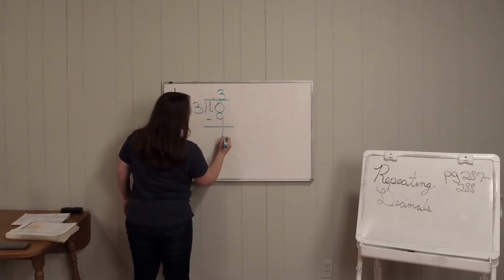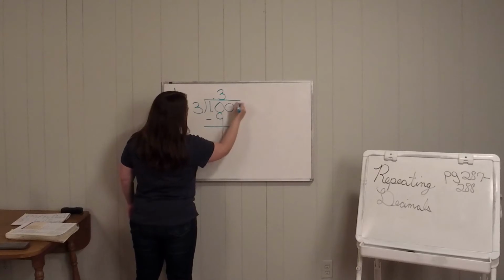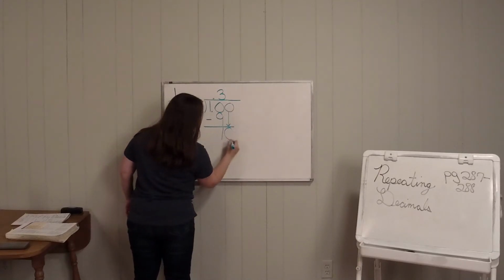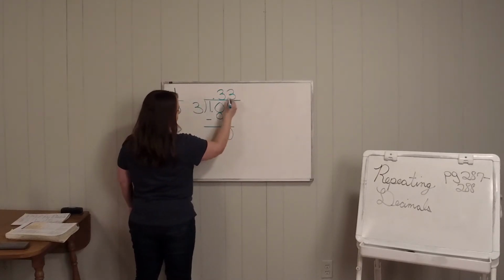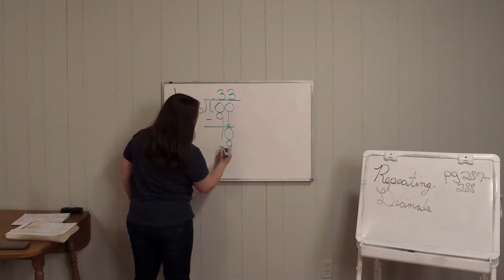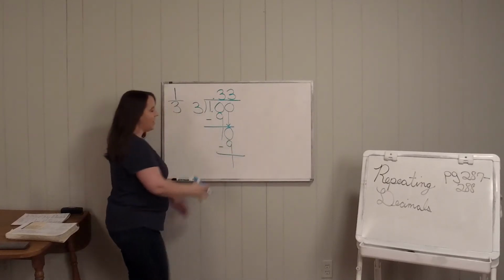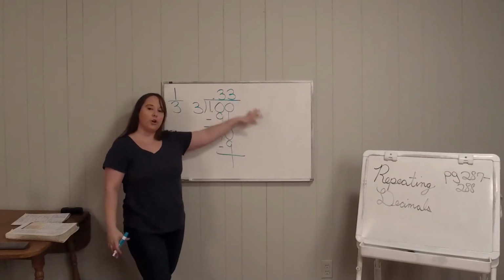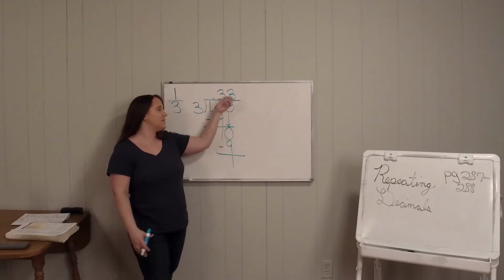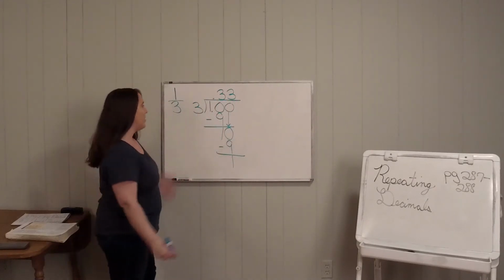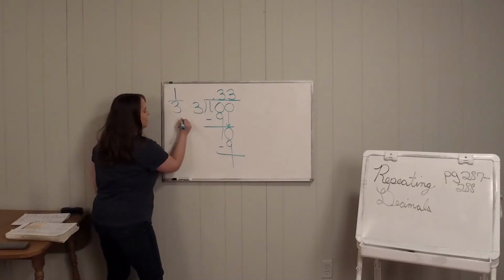And you're going to have a 1 left over. We'll annex another 0. It's going to give you 10 again. And if you can tell, it's going to keep doing the same thing over and over and over. That means this is always going to be a 3. That means it's a repeating decimal.